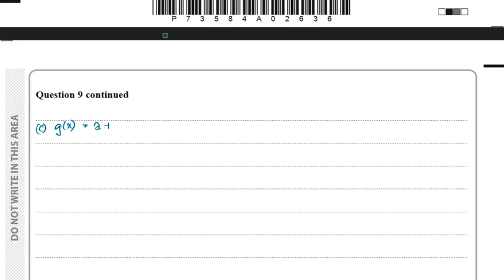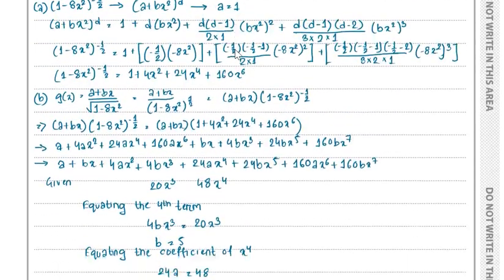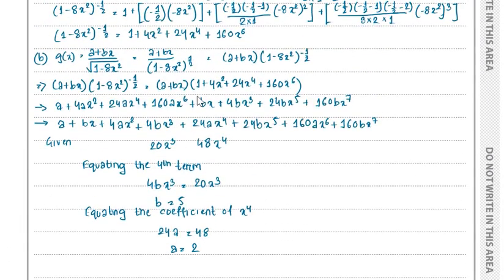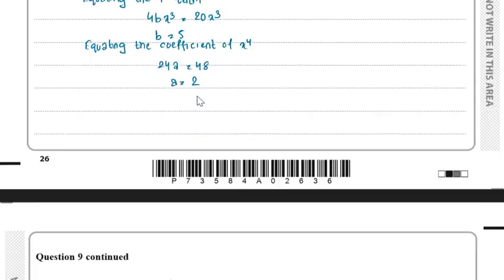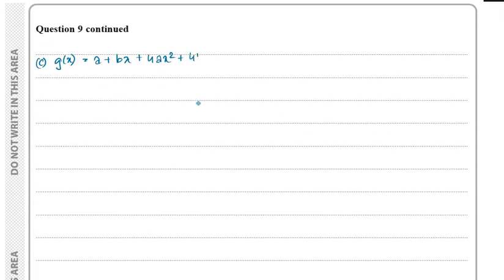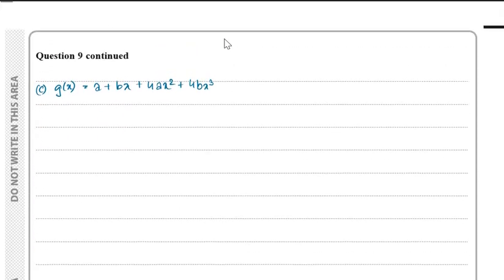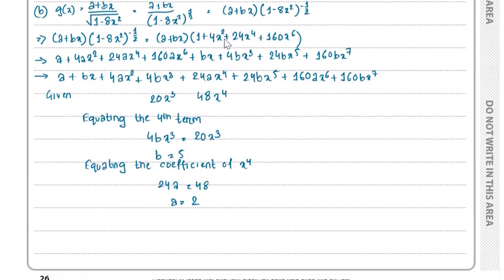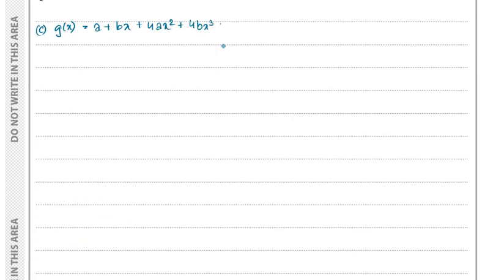So gx would be a plus bx plus 4ax squared plus 4bx cubed plus 24ax to the power 4.